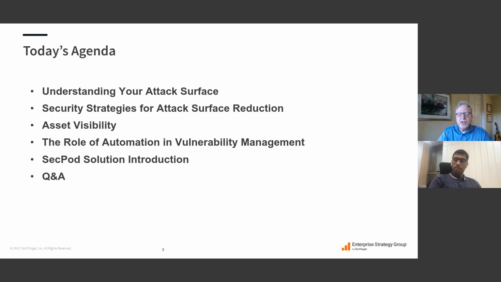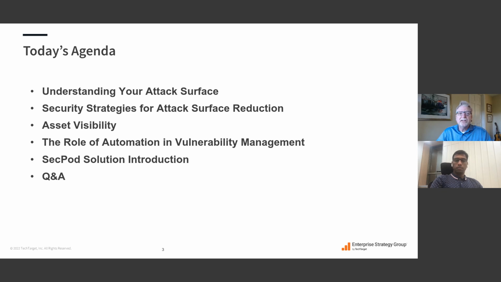Our agenda today is going to start out by talking about the attack surface in general. Hopefully this is a term that's familiar to everybody, but we'll touch upon some of the characteristics of what makes up your attack surface as a starting point. Then we're going to get right into security strategies for attack surface reduction. We'll be talking about asset visibility, the importance of it and what that means.